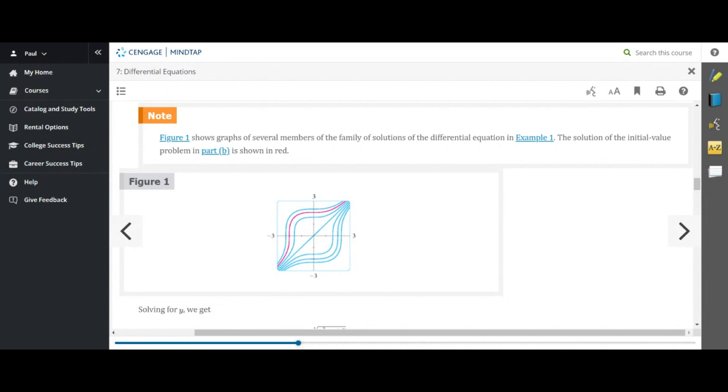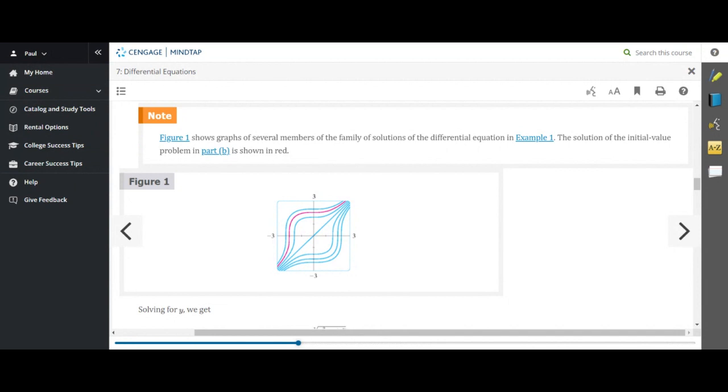So the solution to the initial value problem, where the initial value was when x equals 0, y equals 2, means that solution passes through the coordinate 0, 2, which you can see the red graph does.